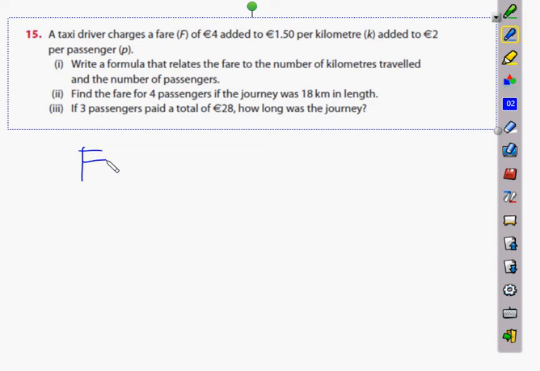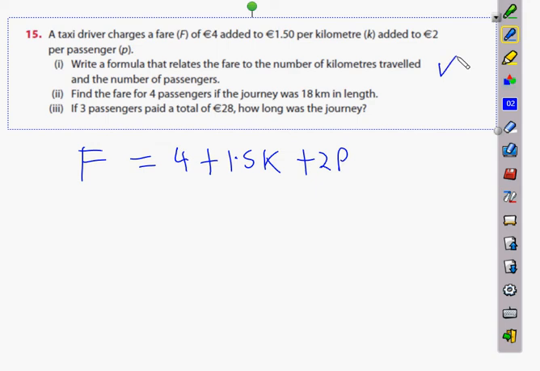Fare is F. €4 plus 1.5 multiplied by your number of kilometres, 1.5k. Added to €2 per passenger, plus 2p. 2 times the amount of passengers you have.